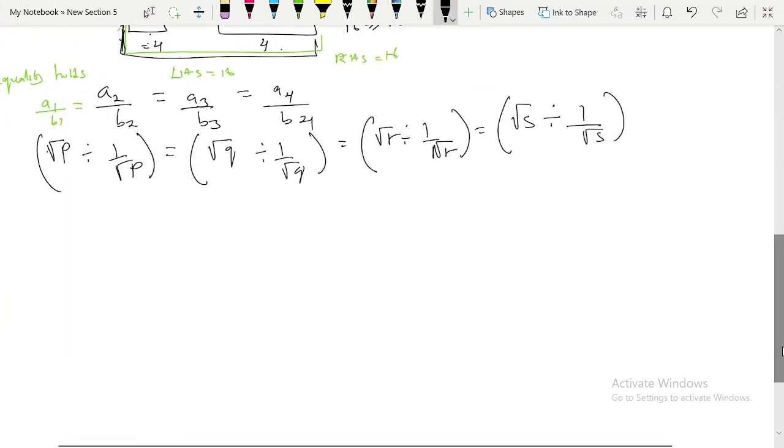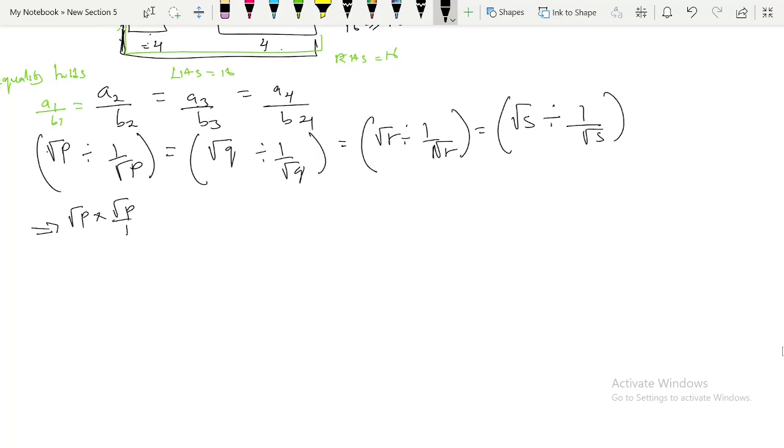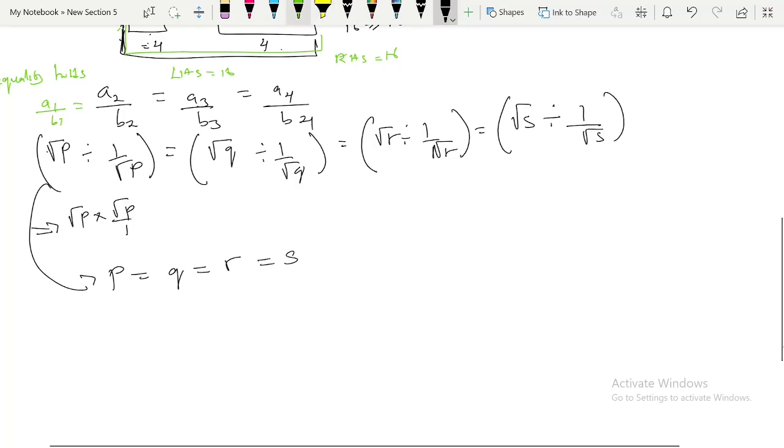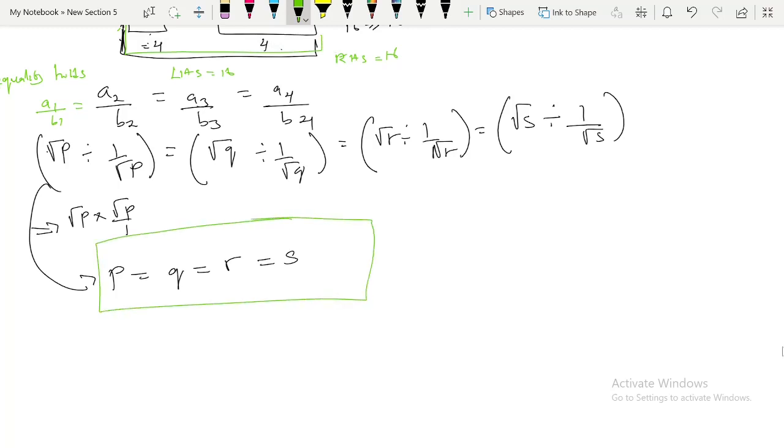So when you simplify, this changes to root P times root P over 1, which is equal to P. So this simplifies to become P, and this simplifies to become Q. So we have P equals Q equals R equals S. This is very important. So it means P equals Q equals R equals S, right?